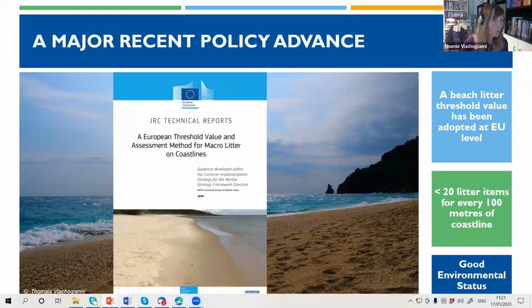And one of the most important policy advances that is sort of a breakthrough when it comes to marine litter monitoring on beaches has been the identification of a European threshold value, which is smaller than 20 litter items for every 100 meters of coastline, and this value defines whether good environmental status has been achieved on the coastline.